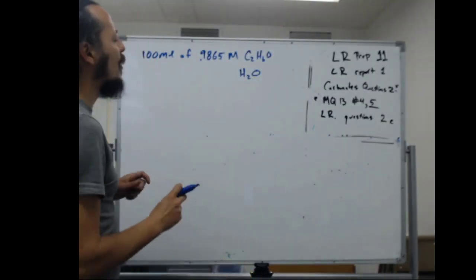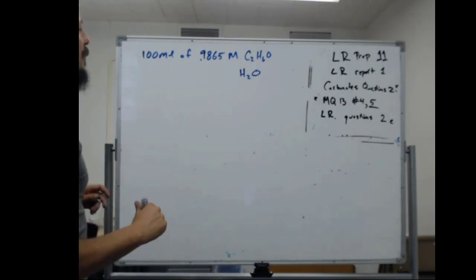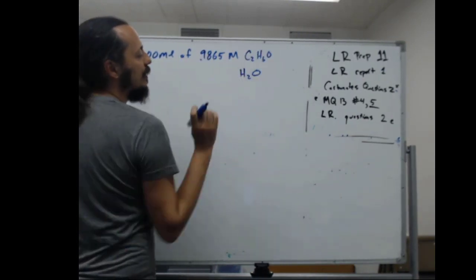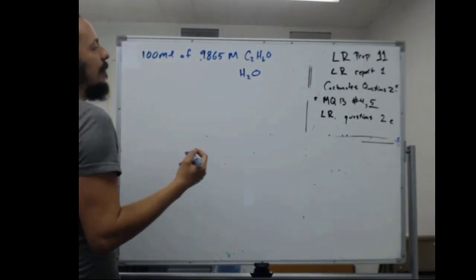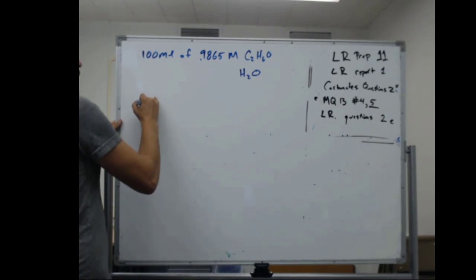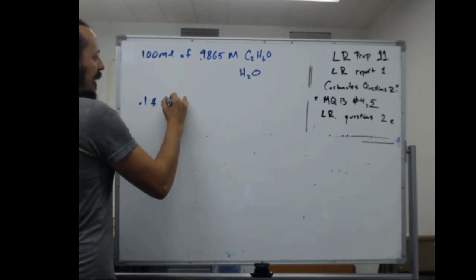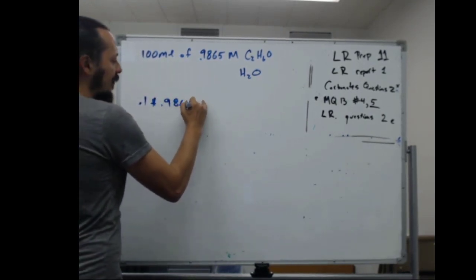So let's do the easy part first, because this is where most people probably jump to. We can find our moles of C2H6O, then we can multiply by 6 to get our number of hydrogens from the ethanol. So that's going to be 0.1 times 0.9865.